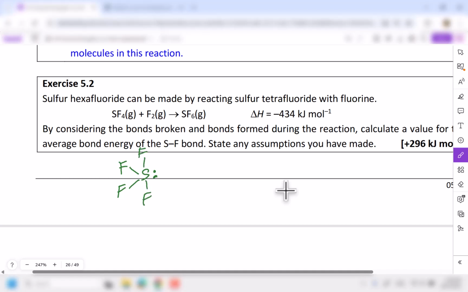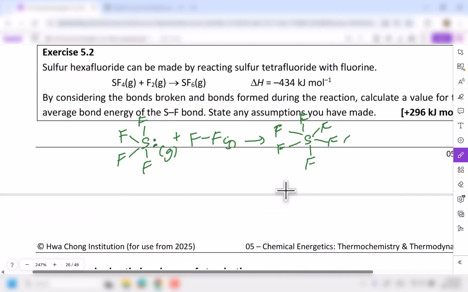So again, good to draw the structure out so that you roughly know how many bonds are broken or formed. So plus F gas, and then I'm going to get sulfur hexafluoride. So S, F, F, F, F, F, F. Then this is gas.